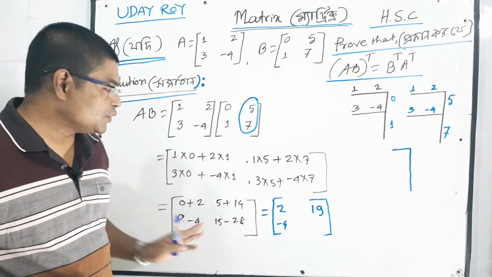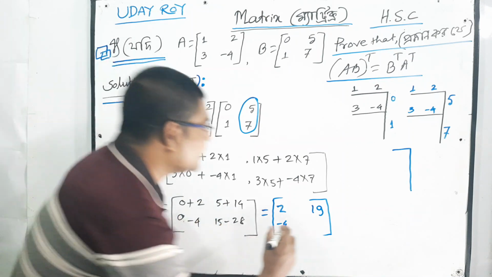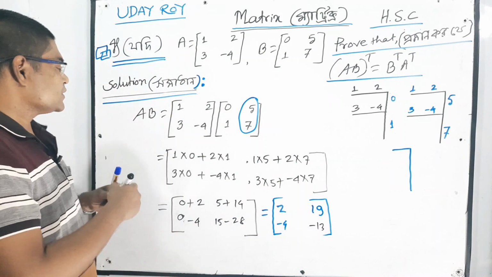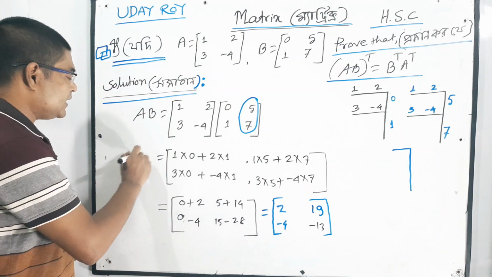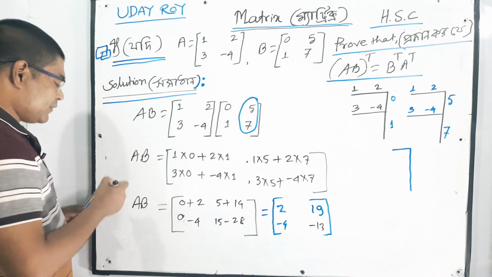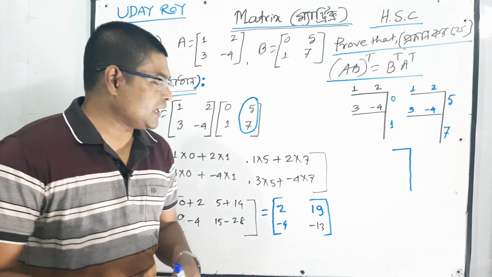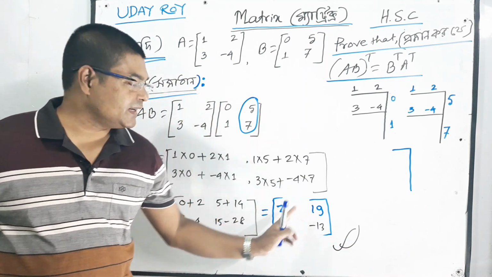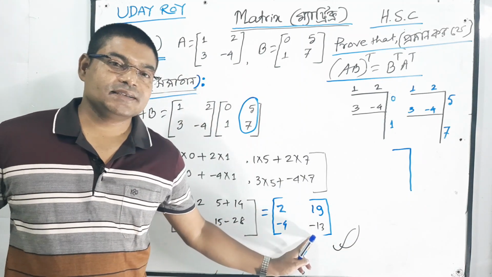Here is minus 28. So we will get minus 13. So we have got AB equal to 2, 19, minus 4 and minus 13.